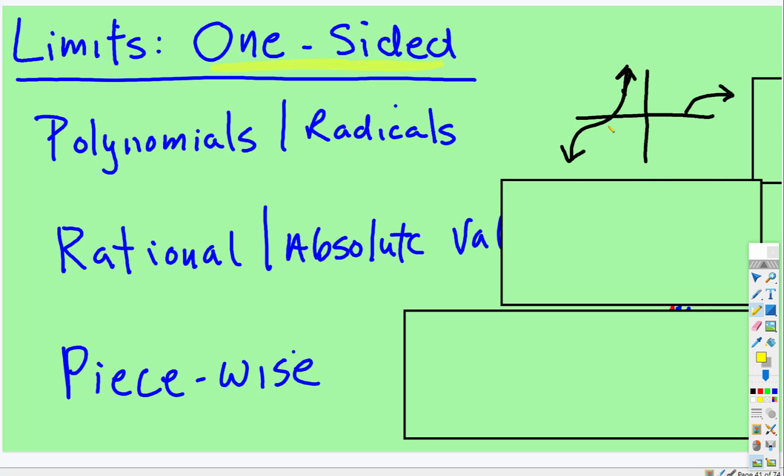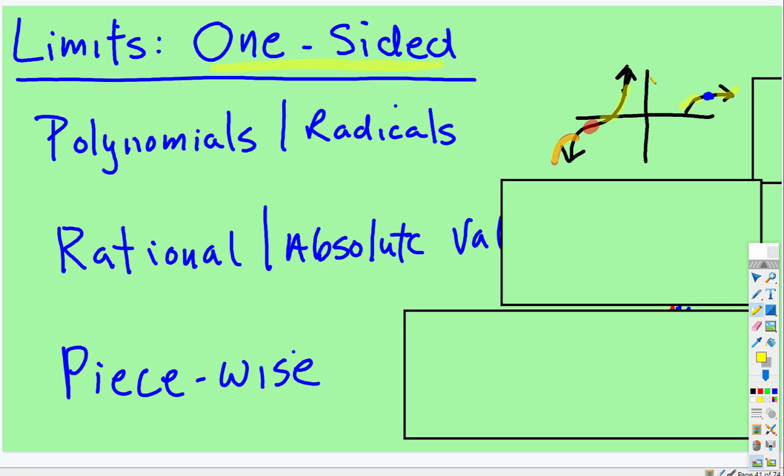Okay, so for one-sided limits for either polynomials or radicals, if you notice, let's say we're going to pick a point, say right here. Well, notice from the left or from the right, those two will always agree. So if I pick a different point over here, from the left and from the right, it's the same.